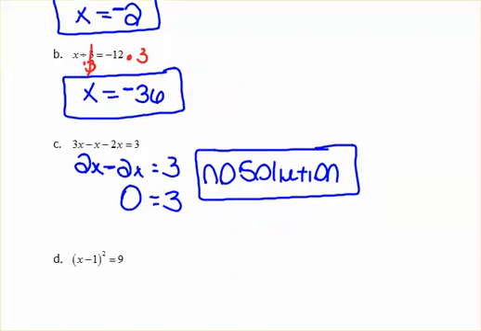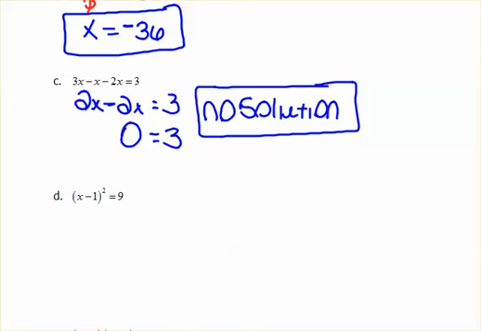Okay. May have forgotten about those over time. And you may have forgotten about this rule here. So we have x minus 1 squared is equal to 9. Okay, so right now the x has a minus 1, 1 is being subtracted from it, and then that whole thing is being squared. So we have to undo that. And for those of you who have a little bit of trouble figuring out which to do first, think about what I just said.